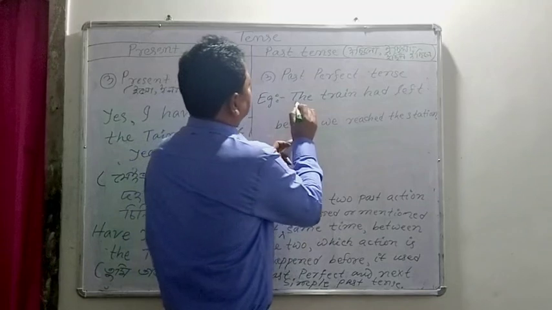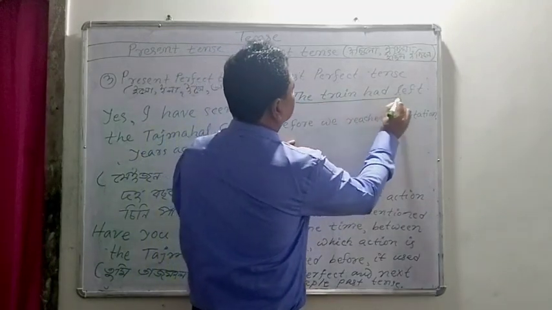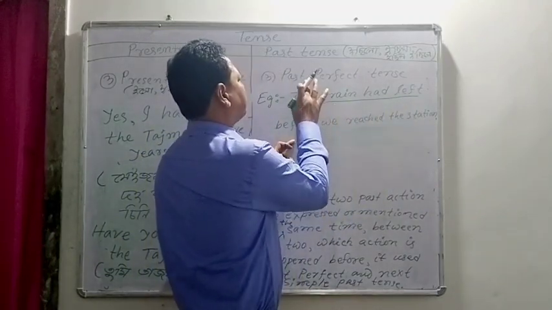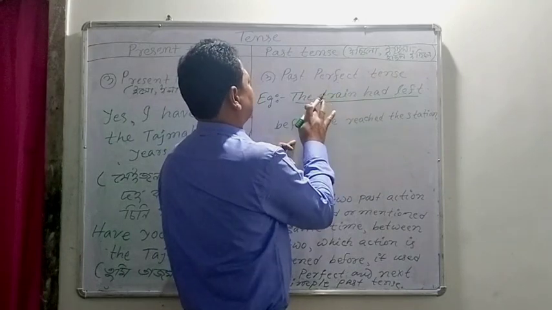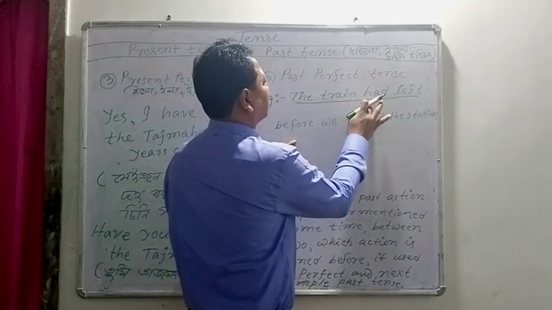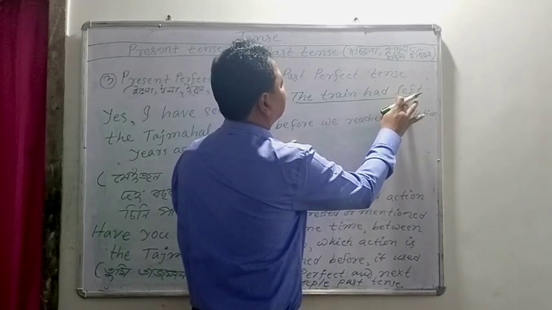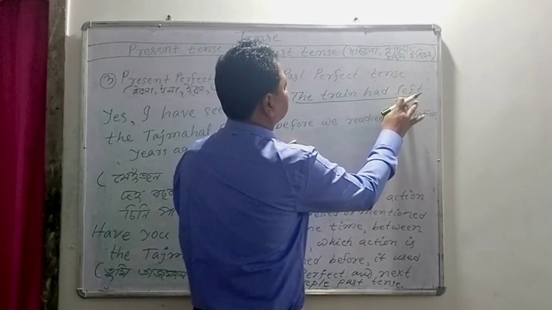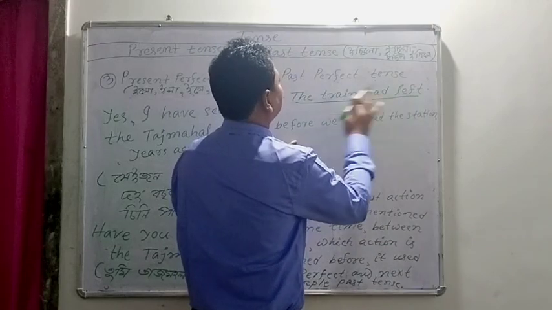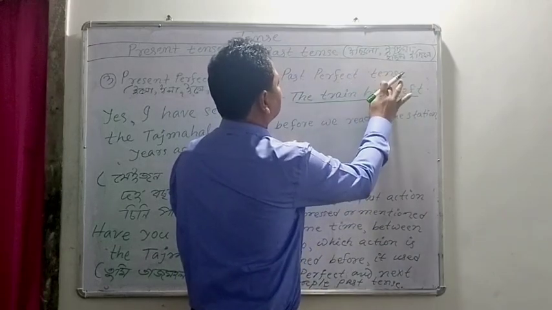Now you see here, the train had left. This is what? Past perfect tense. The train, subject, plus had, plus verb past participle, leave, L-E-A-V-E, left is past and past participle. The train had left. We use here the formula of past perfect tense.